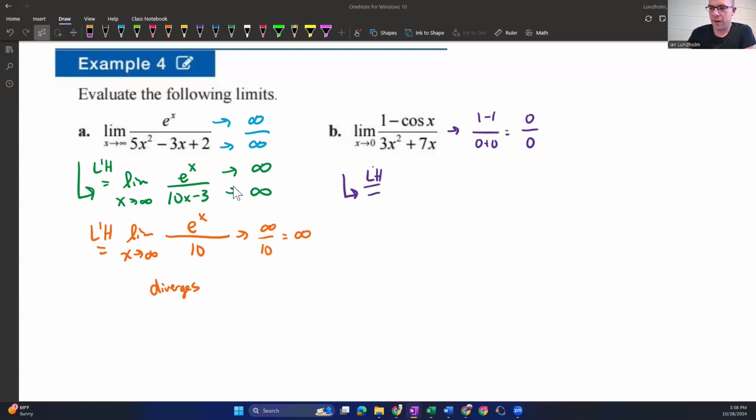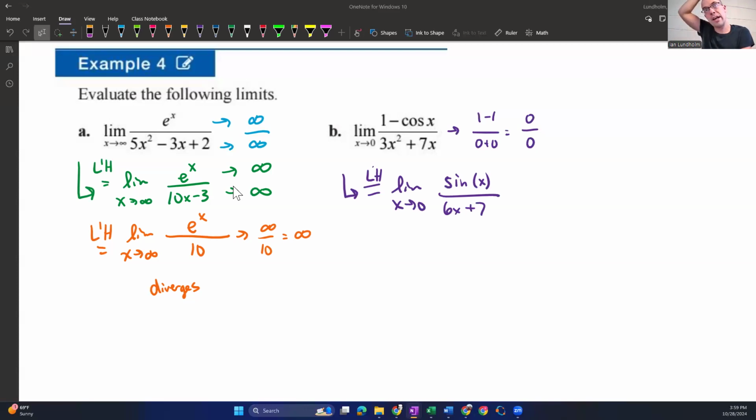When we take the derivative of negative cosine, we're going to get a positive sign on top. Oh, I forgot to put limit. Limit as x goes to 0 of sine on top, and then 6x plus 7 on bottom.